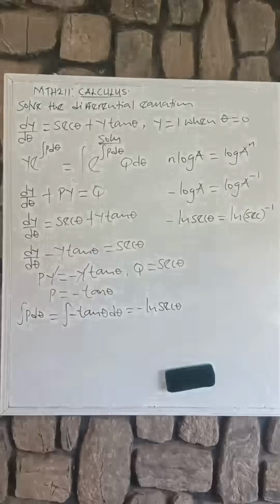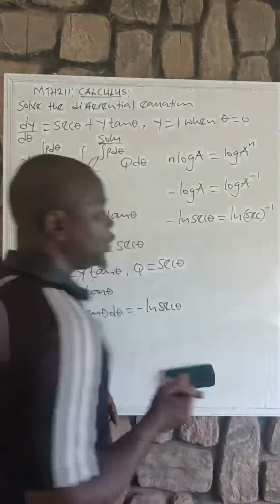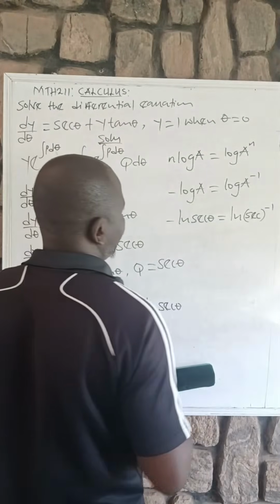Look at the board. It's true, right? Yes, it is true. So this implies that you now go back to your trig identity.